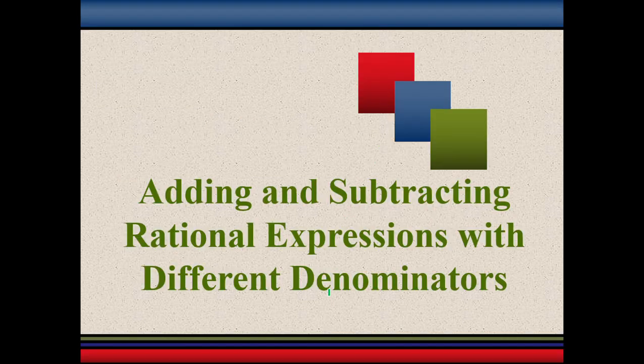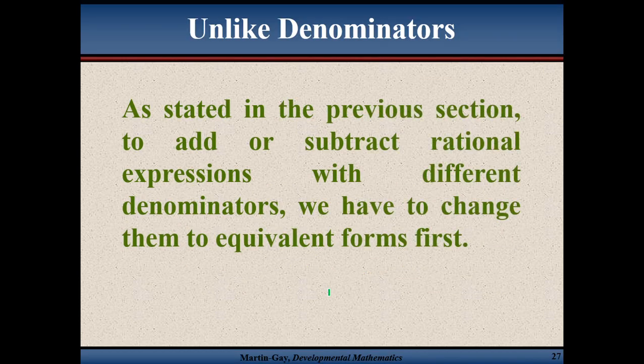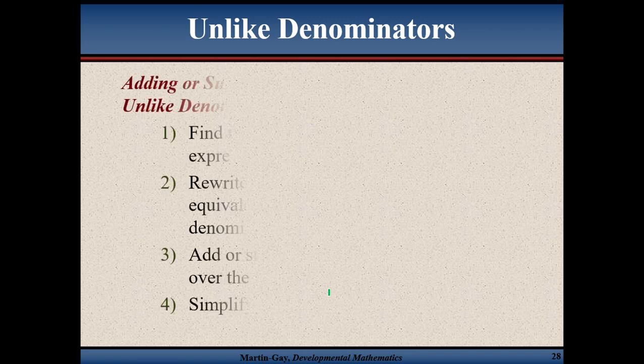For the adding and subtracting rational expressions with different denominators, unlike denominator, as stated in the previous section, to add or subtract rational expressions with different denominators, we have to change them to equivalent forms first.